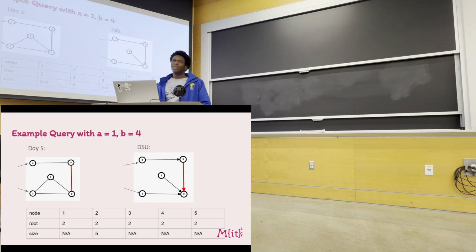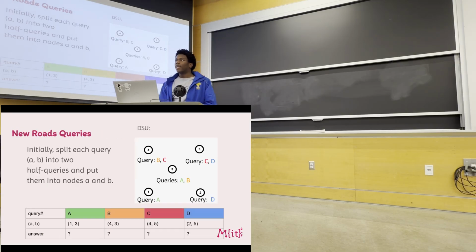However, since the number of queries may be large and you may add a lot of edges, this could be slow. So an idea to speed this up is to keep track, at each leader of the connected components, of what queries that component is involved in.